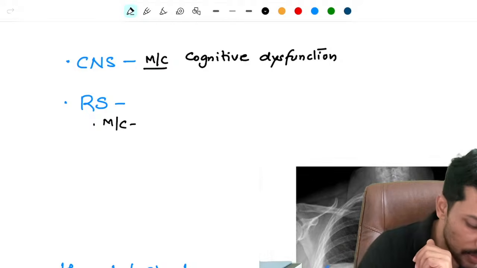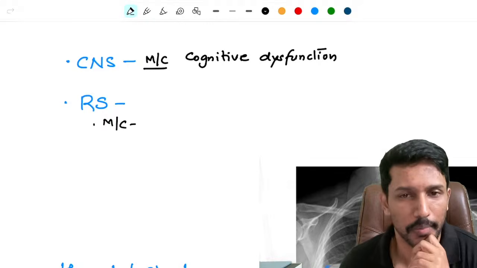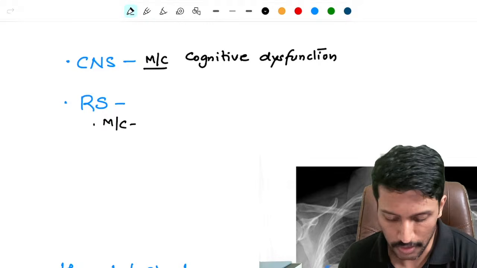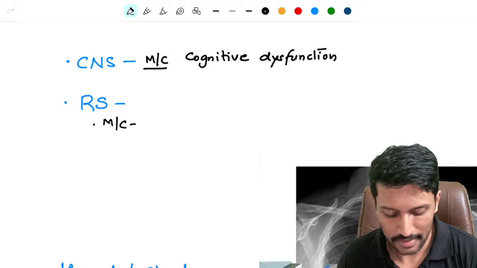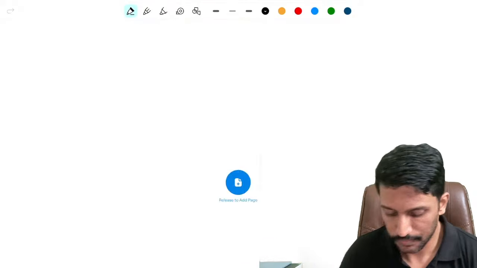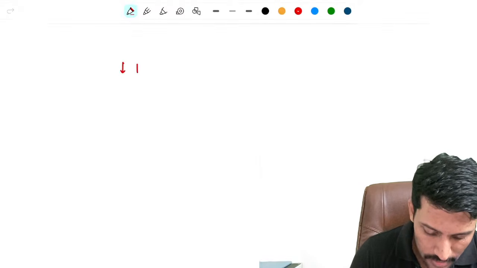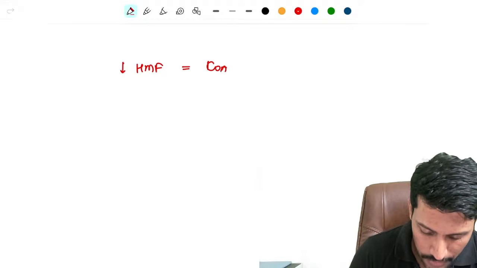Okay, so I'm just asking one simple question. What is the difference between cognitive dysfunction and dementia? Can anybody tell me? So decreased higher mental functions is equal to cognitive dysfunction.